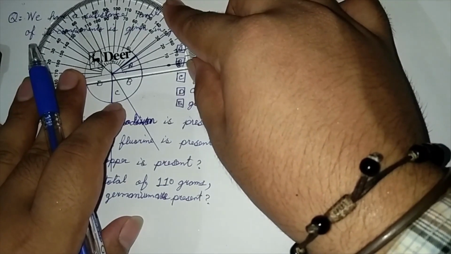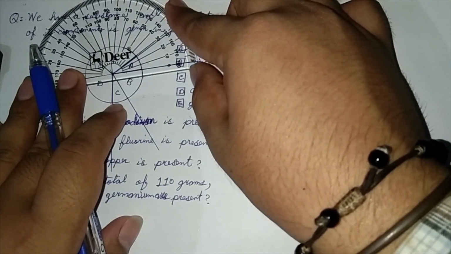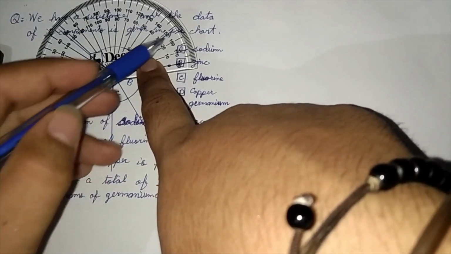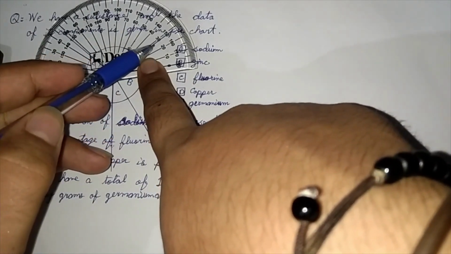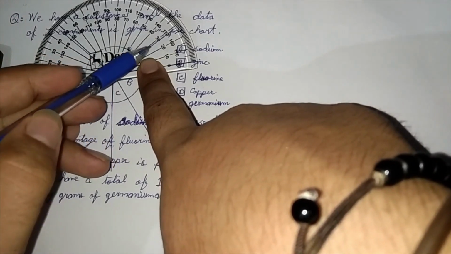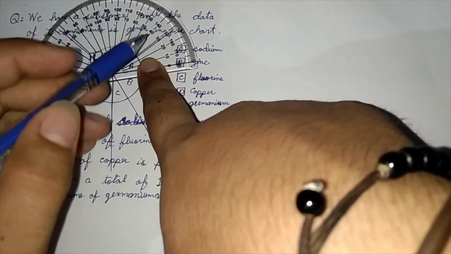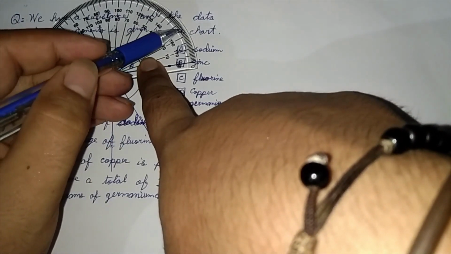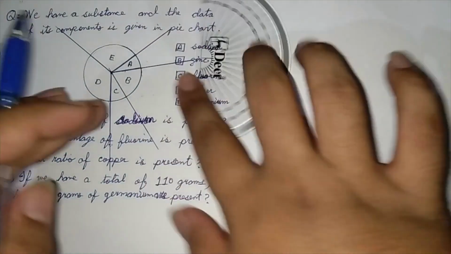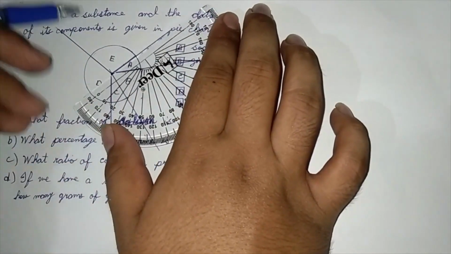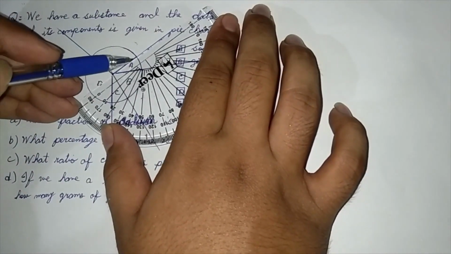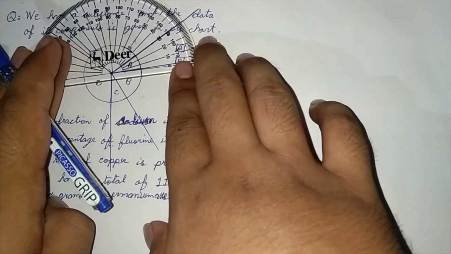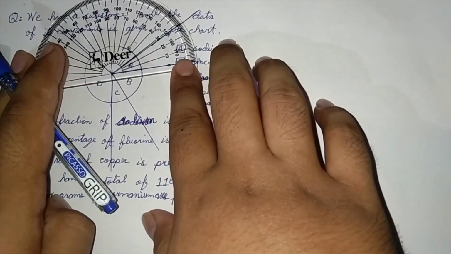Okay, and now you can see here we have the line with this one. We have to extend it some more to take a perfect measurement. All right, let's see what we have here.